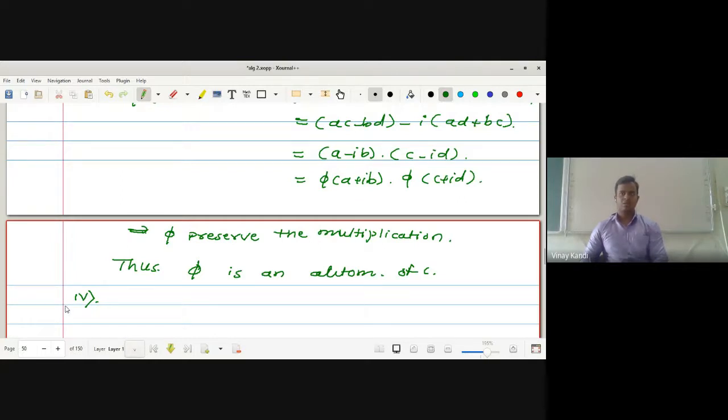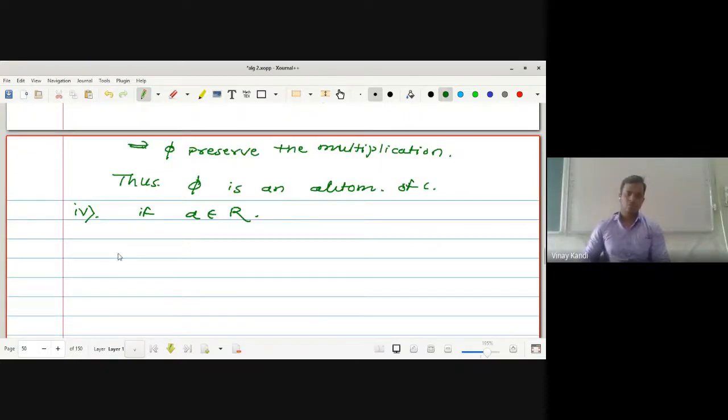R. Now if A belongs to R, this is a real number, with no imaginary part, so A is equal to A plus I0. This implies phi of A is equal to phi of A plus I0, which by the definition of phi is A minus I0, which is equal to A.